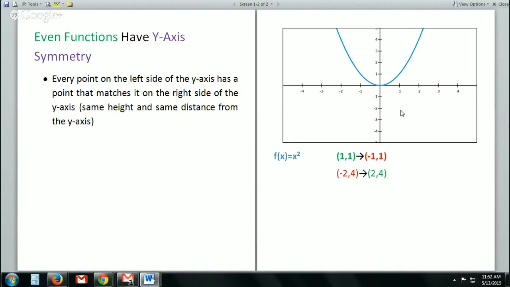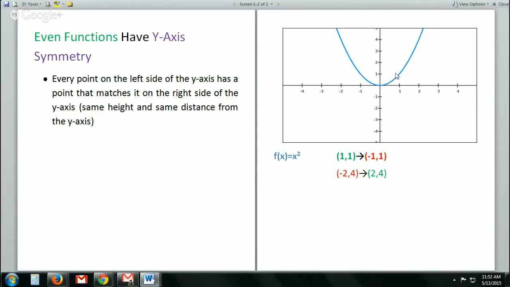Here I've drawn f of x is equal to x squared. Now let's look at a couple of points that are easy for us to identify. The point 1, 1 is right here. If this has y-axis symmetry, there should be a corresponding point on the other side of the y-axis that matches up with it, the same height and the same distance from the y-axis.